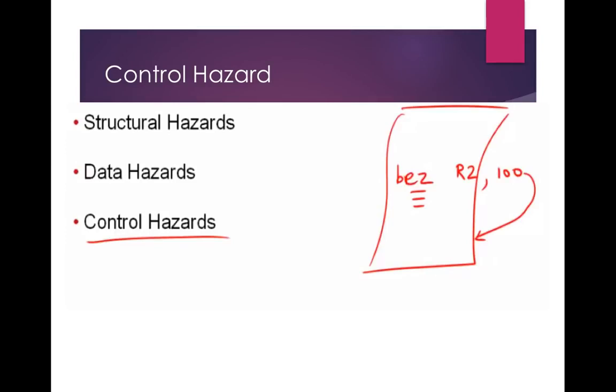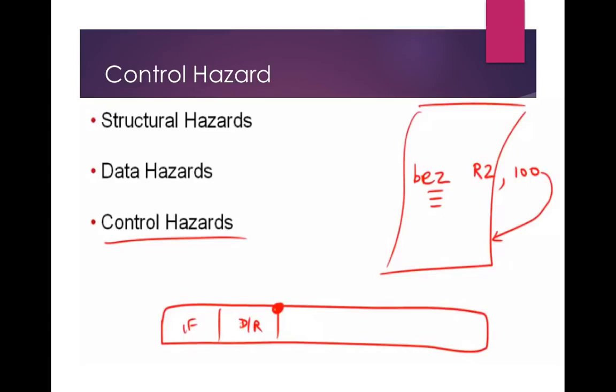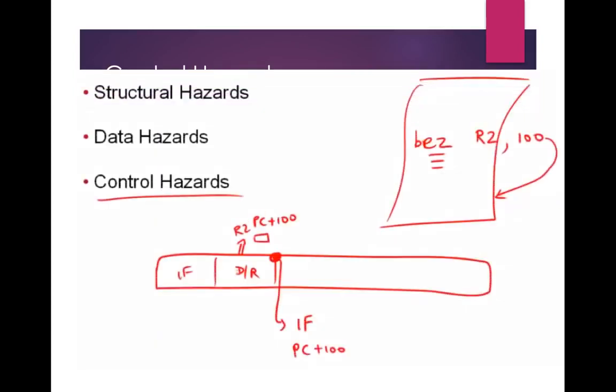During the execution time only we will know, but we will already try to decode the next instruction, right? So when the control hazard occurs, at the decode and register read of clock cycle 2, that is the time we will know it is a branch instruction. Initially the program counter value is incremented by 4, but now we know we have to increment by 100 because it is a branch instruction.